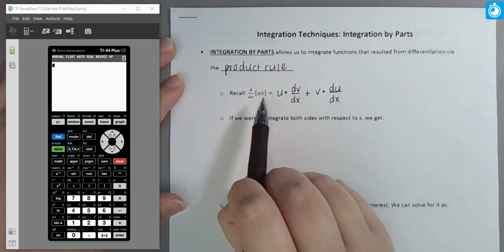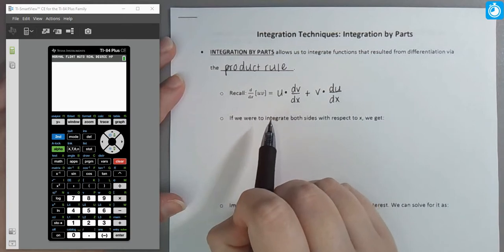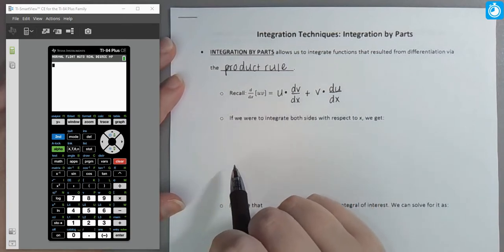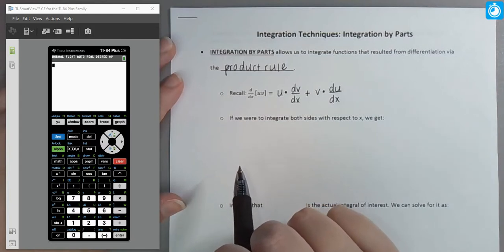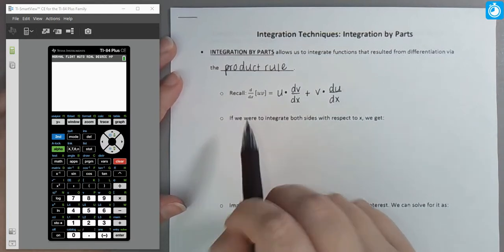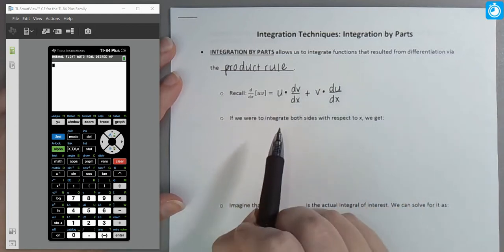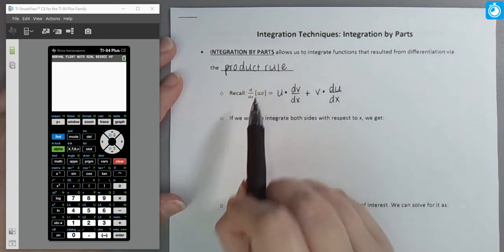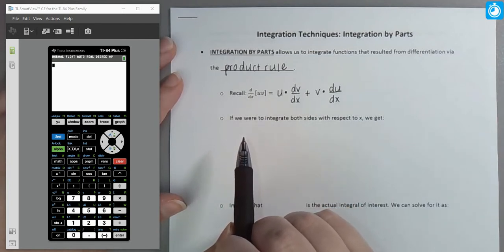So for any functions u and v associated with the variable x, if we want to differentiate their product, this would be the formula we use. And as we know, anti-differentiation reverses differentiation. So if we're given something of this form and we want to take its antiderivative, then it will integrate back to the original product of two functions.